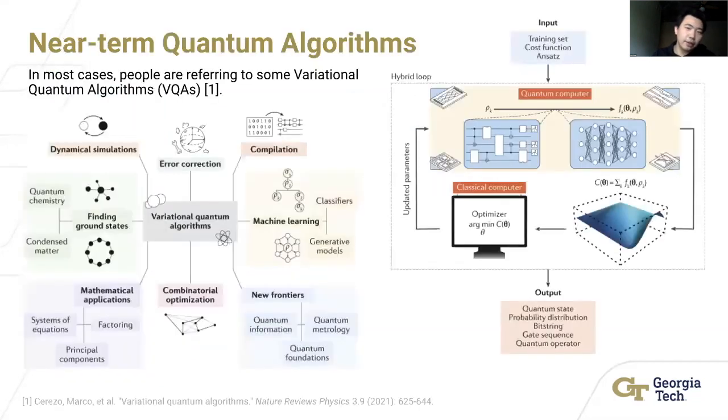So this is the part I'm actually very familiar with. There have been quantum algorithms like Grover's and Shor's algorithm. Those are the classic quantum algorithms.